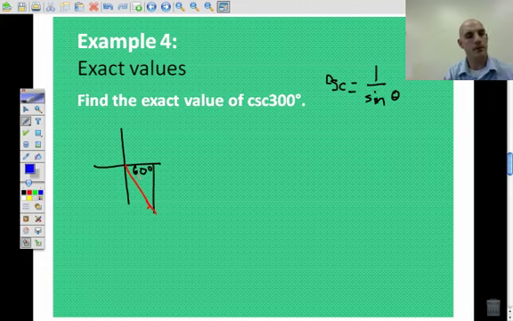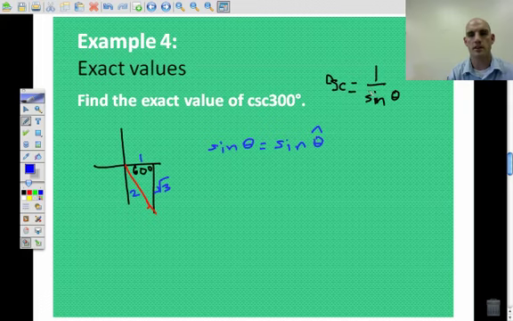Now, if I say this triangle is out here and I'm using theta hat and this is 1, then I know that this is going to be, once again, 2, and this is going to be square root 3, and it's going to be negative square root 3 because we're below the x-axis. And so when I find the sine of theta, it's going to be equal to the sine of theta hat.